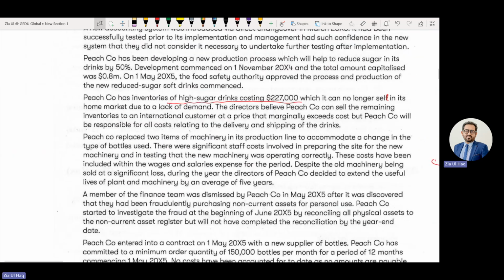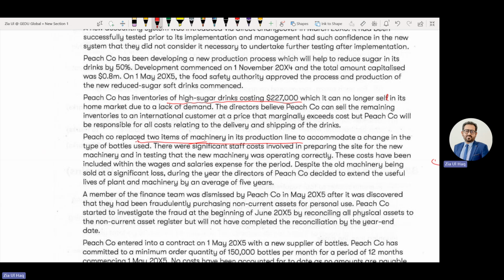Let's move forward. Each company replaced two items of machinery in its production line to accommodate a change in the type of bottle used.